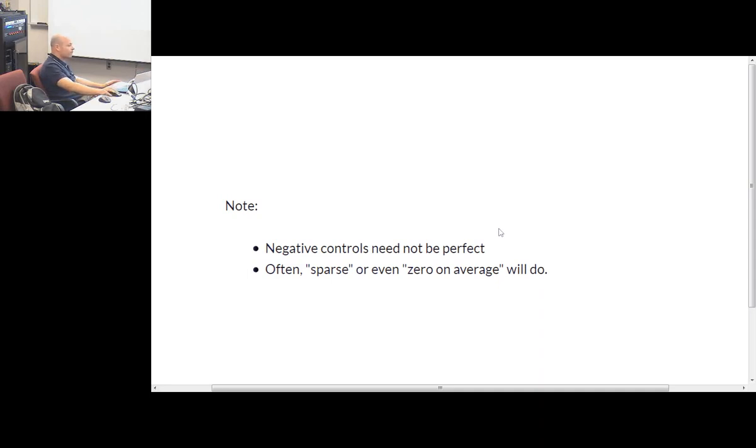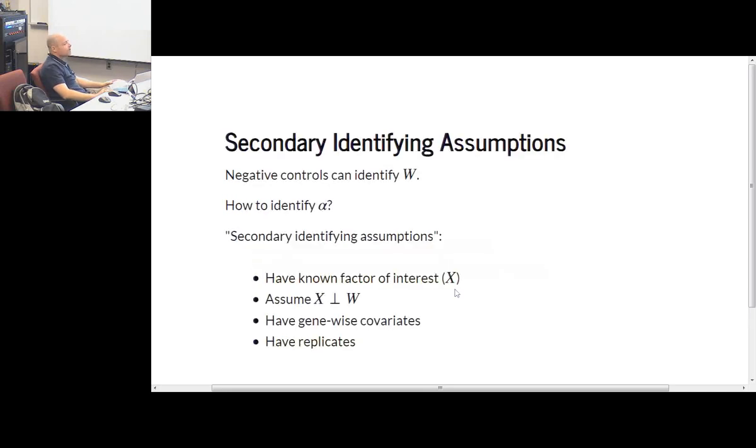But they don't need to be perfect, and in a lot of cases, having a set of genes where at least most of them are unaffected by the factor of interest will do, or in some situations, depending on exactly which method we're using, it will even work if, on average, they're unaffected by the factor of interest. Okay, so it's a somewhat strong assumption, but also it's not one that needs to be perfect. Okay, so that's the negative controls.